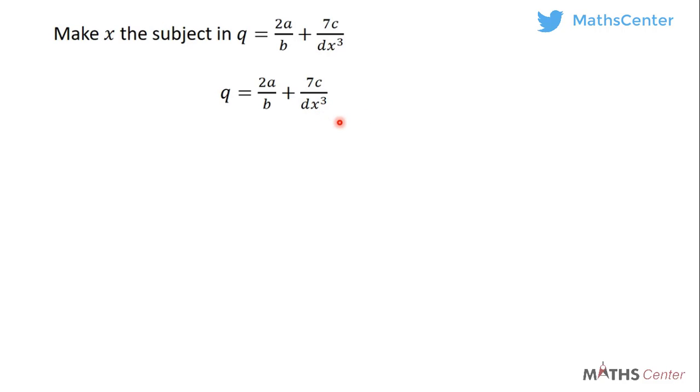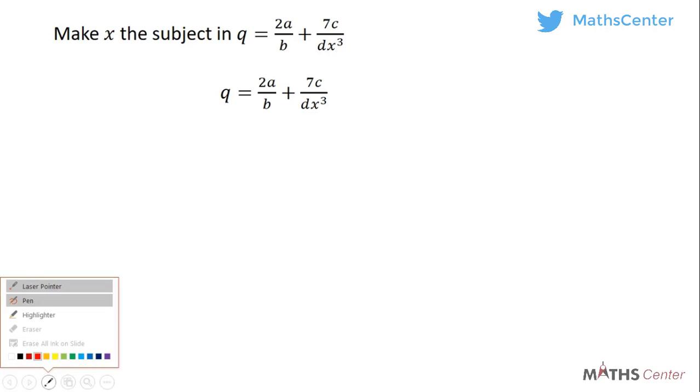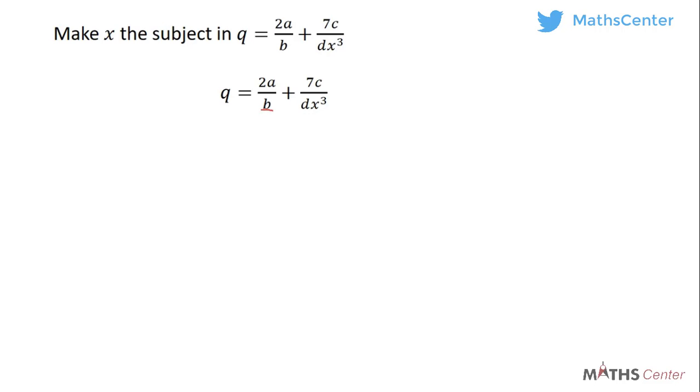So what do we do? We first identify the fractions as we've done. We find the denominators. The denominators are b and dx exponent 3. We said in the videos on changing the subject of equation that involves fraction that whenever the denominators contain a variable or a letter, you multiply the denominators and use it as the LCM.